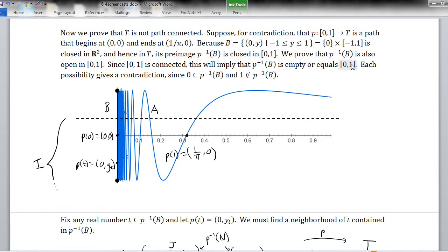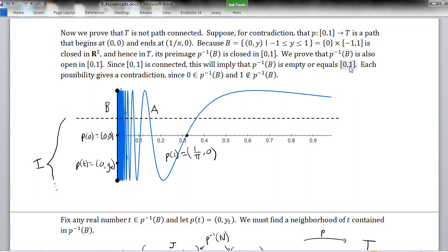But neither of those can really happen because, well, we know that because the path begins at the origin, which is in B, 0 is in the preimage of B, and because the path ends at a point in A, in other words, P of 1 is in A, it means P of 1 is not in B, and 1 is not in the preimage of B. So because of the first statement, the preimage of B is non-empty, and because of the second one, it's not equal to the entire interval from 0 to 1, because 1 is not in there.